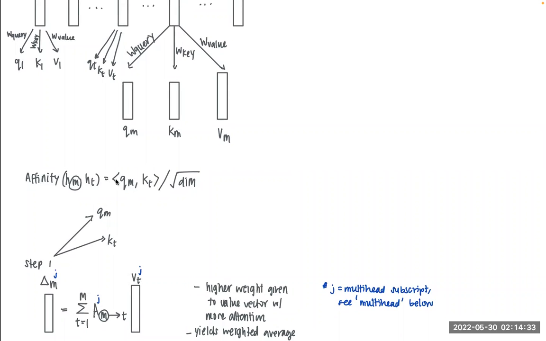Actually, this inner product is also the way we use for a recommender system. For example, you rent movies from Netflix, and then you may give the movie a rating, or in general, customers or users may rate the items, right?